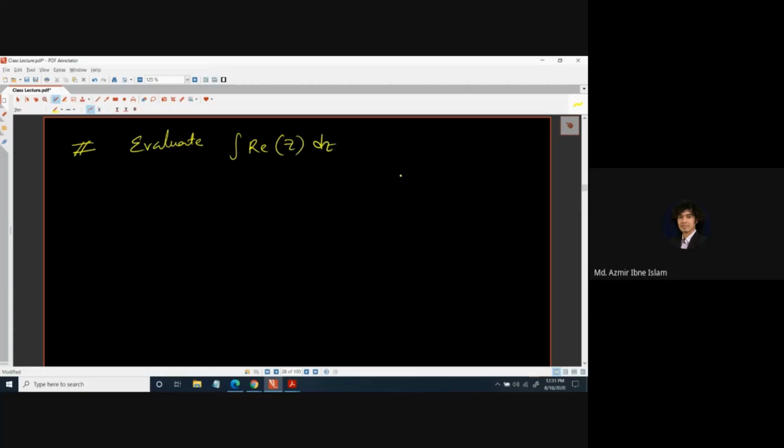Here, instead of lower limit, upper limit as points, we have a path C. C is like c1, let's say c2. Let me construct a problem. Let's say c1 ends at (1, 0).